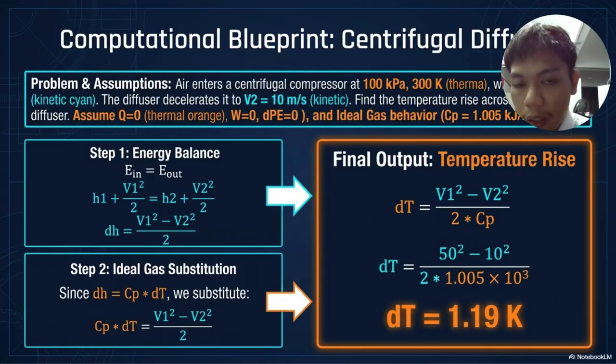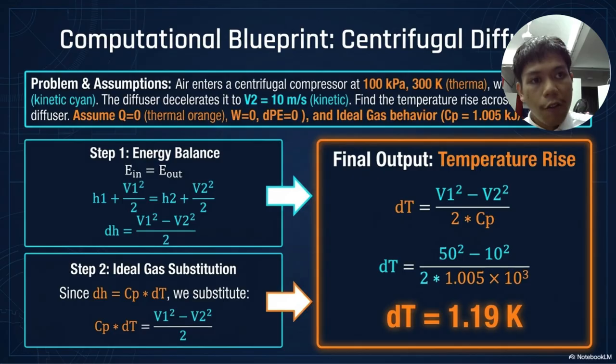When we rearrange it, we get the change in enthalpy, delta H, equal to V1 squared minus V2 squared over 2. Second step, ideal gas substitution. Bear in mind, delta H is equal to Cp times dT. So we substitute Cp times dT for dH in the previous formula.